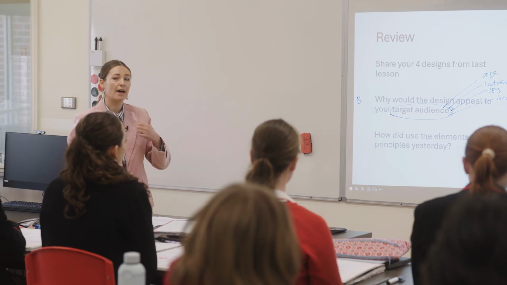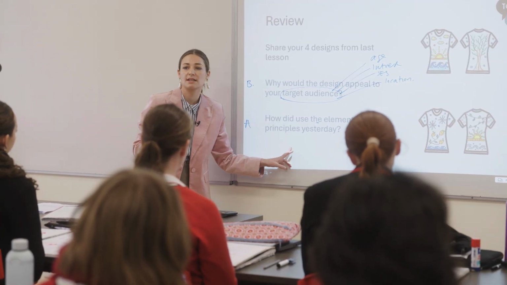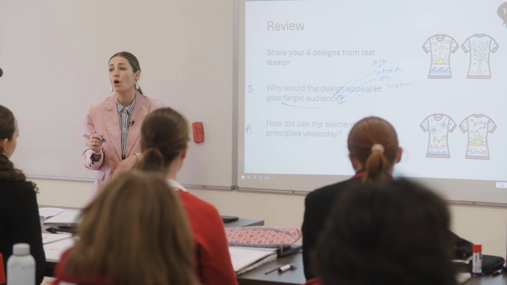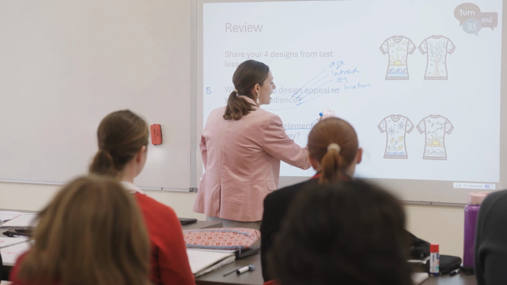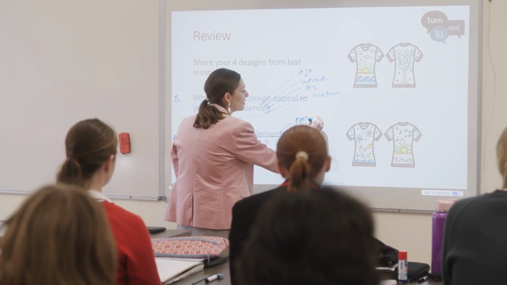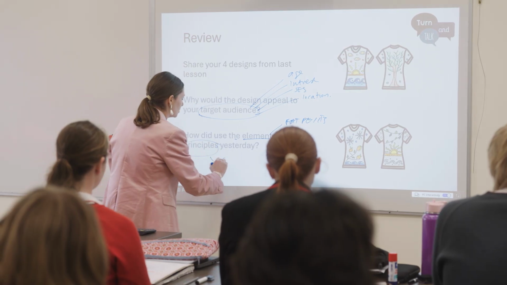We need to draw upon this language that we use to identify that target audience in your discussion. Partner A, you're going to go second, and you're going to come back to the language that we discussed as part of our starter task and our homework review, where you're going to discuss the elements, thinking about FAT CAT PELTS as our acronym to pick the most dominant, and the principles, COPS HEART BIG CHIPS.